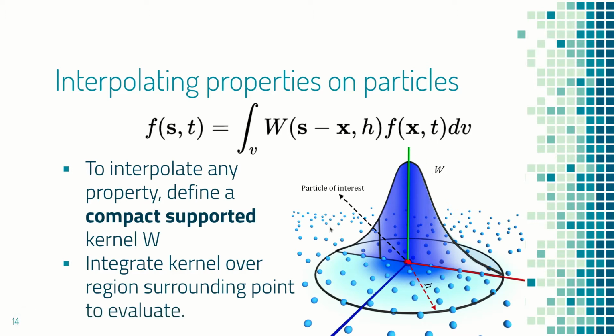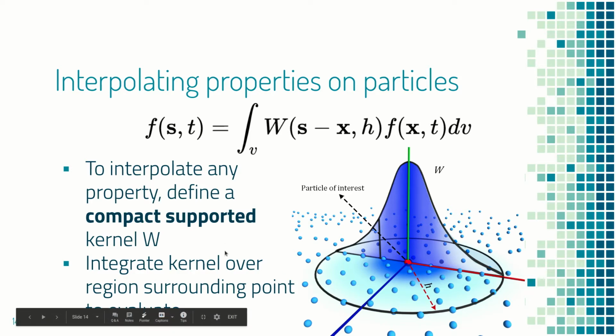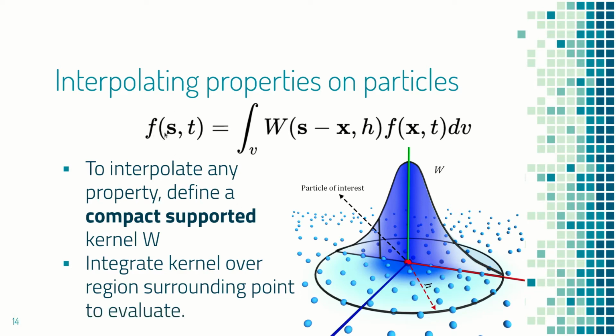This is just a weighting function, a nice smooth weighting function defined over my domain. And s is going to be the center of my domain, the query point, the red point there. So what this means is I can use this formulation and this kernel function multiplied by all the values of known points around the space to get me the value at f of s, t. Okay, so this is a fairly straightforward bit of integration based on a kernel function.